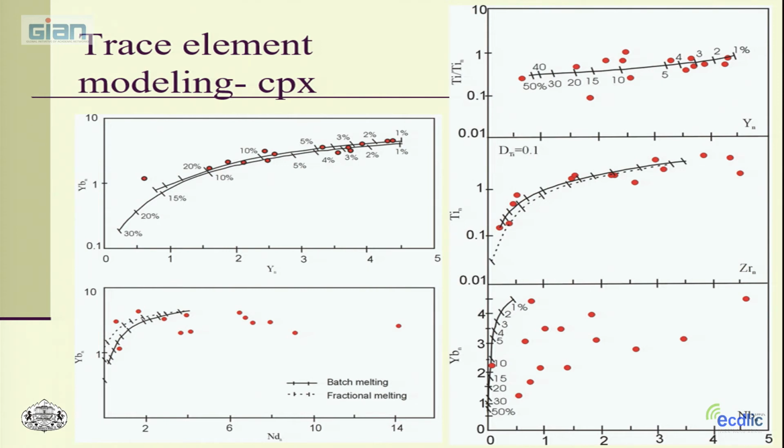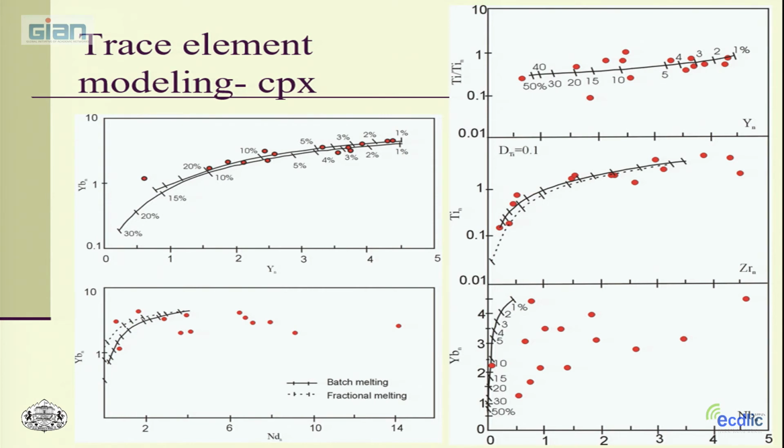Here also the same, Ti upon Yb, and you can see a big spread. It's not following this model curve, indicating that some other process has operated, and the likely process is the metasomatic process that has caused the change in the concentration level of various other elements, whereas the yttrium and ytterbium have not been modified and have remained the same.